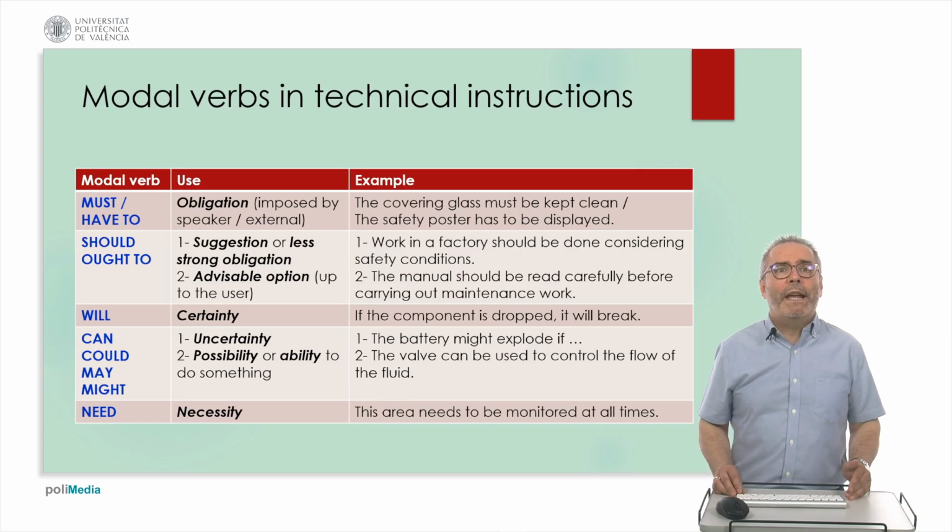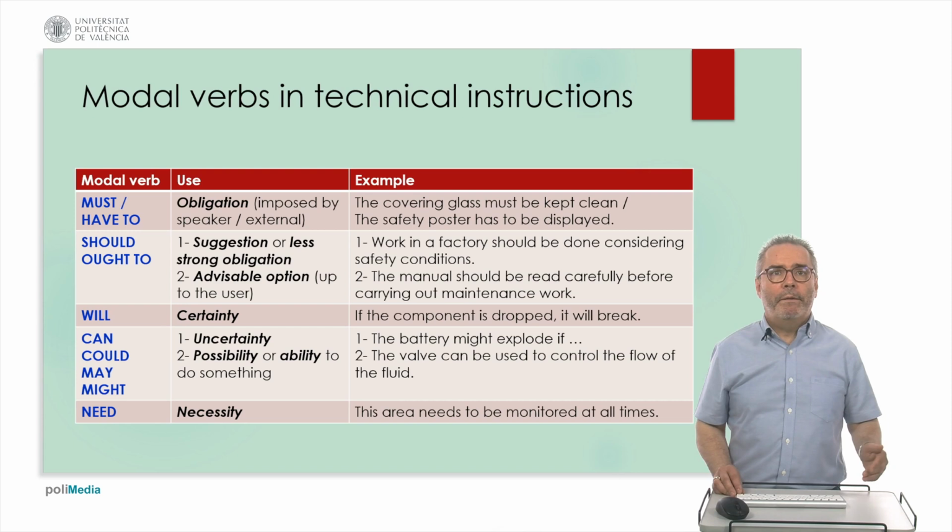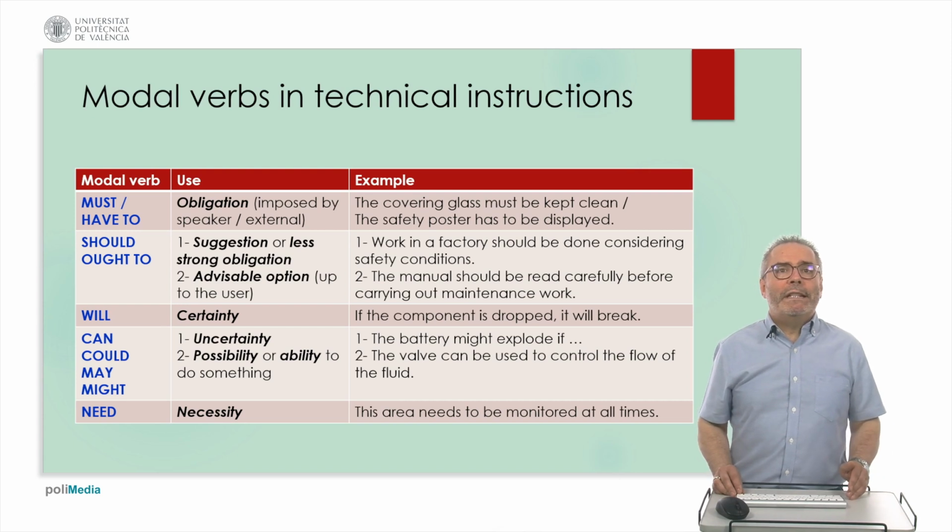Can, could, may, and might. A possible meaning is uncertainty. For example, the battery might explode if dropped. Or the other sense of possibility or ability to do something, we have this example. The valve can be used to control the flow of the fluid.